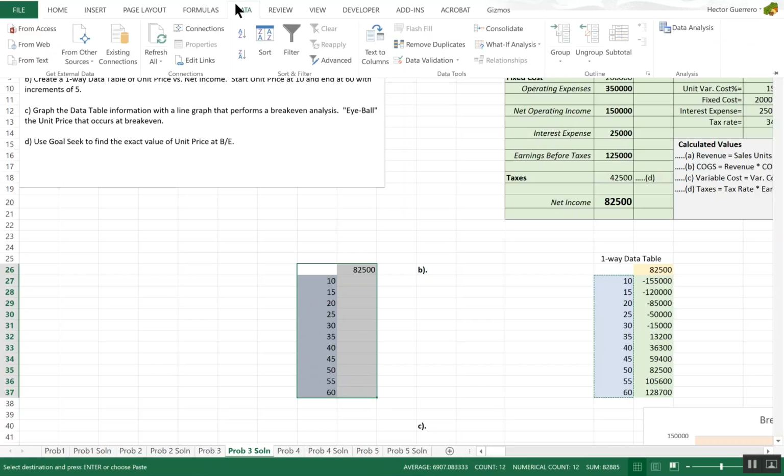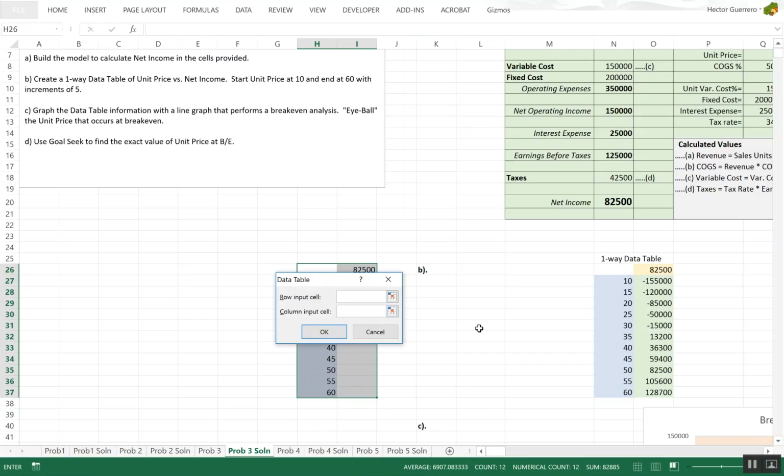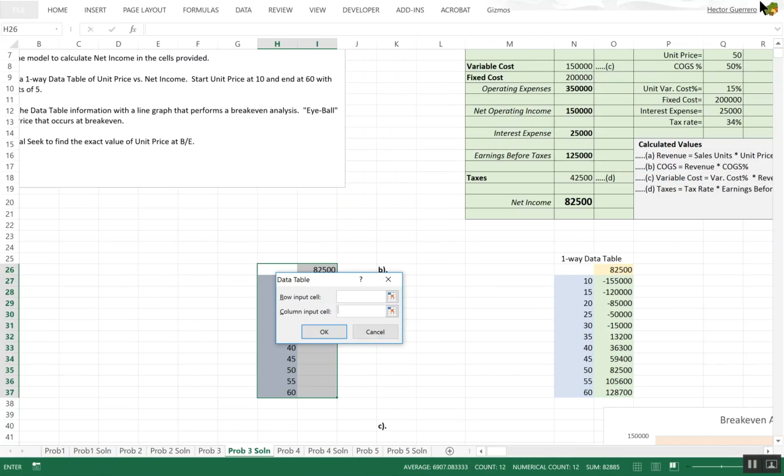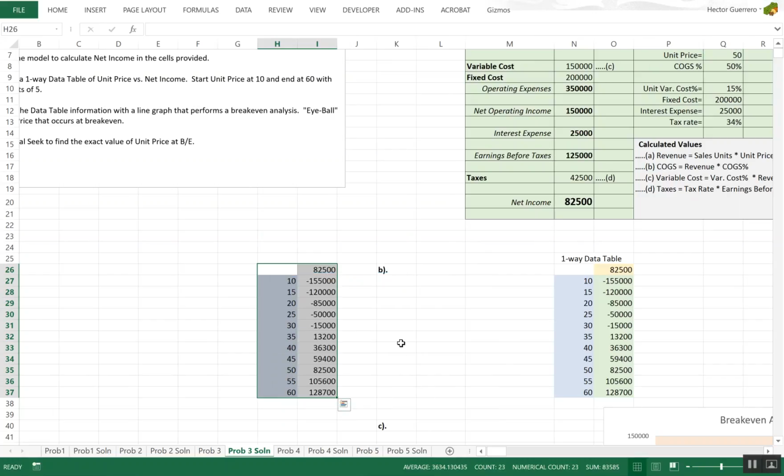I go to data, what if analysis, data table. I have simply a column input. So the column input is this value of the unit price, which is here in the master formula. Hit OK. And there we have it, the same information that we've got in this particular table.